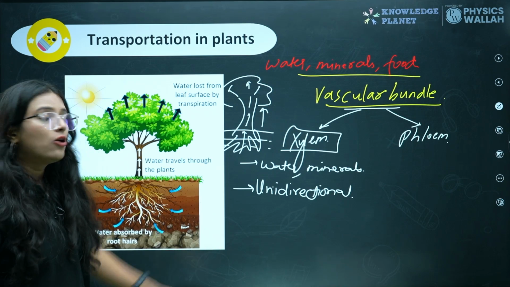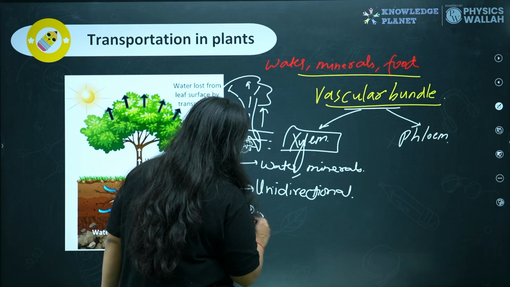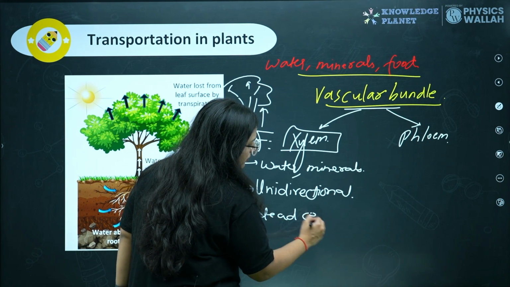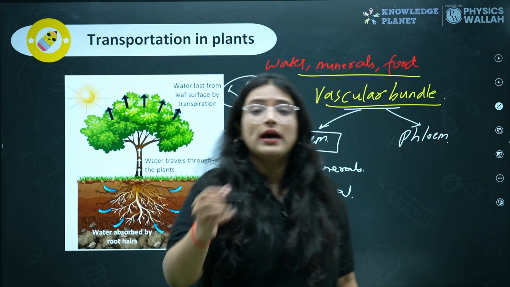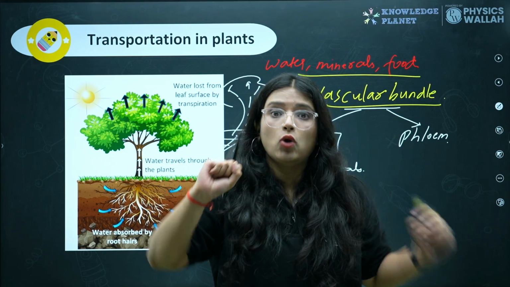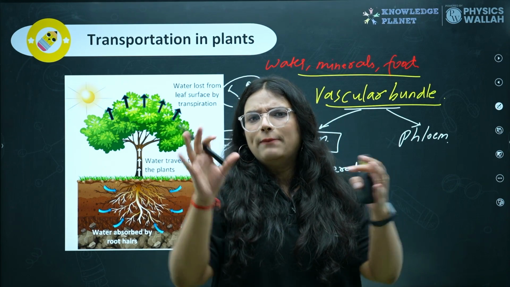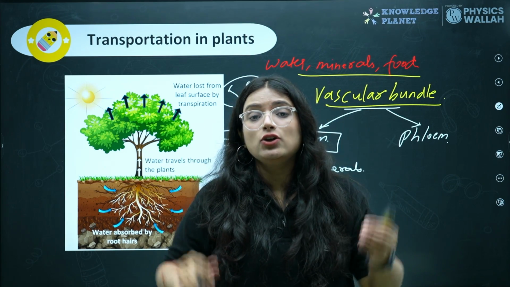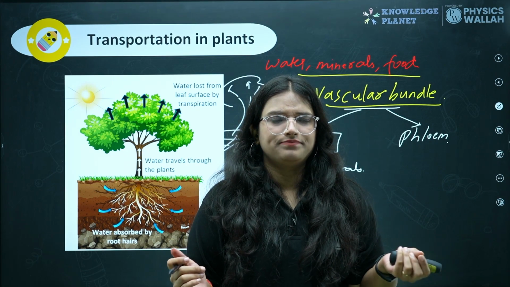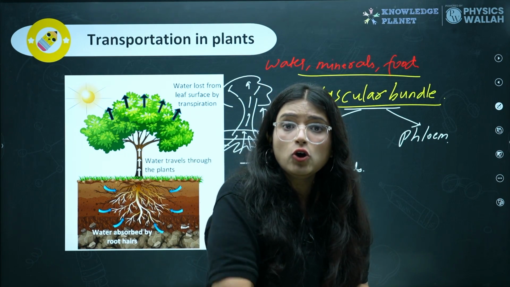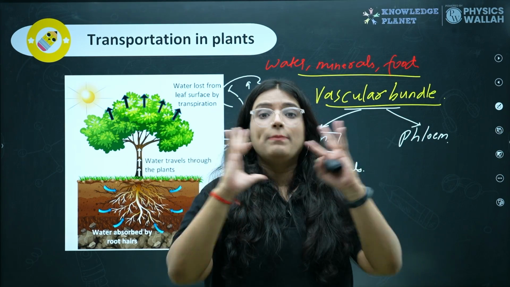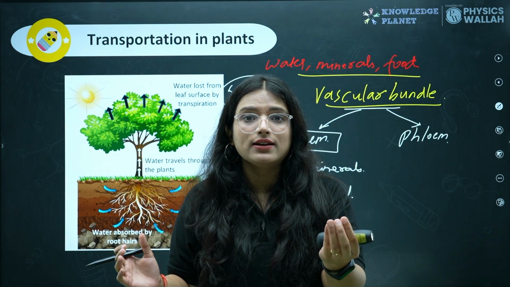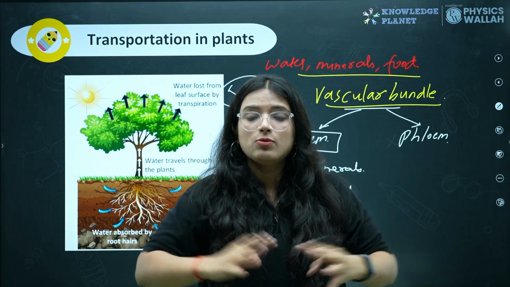Now, these xylem are dead cells. Suppose you have a plumbing system at home, so that you can open your tap and get water. What if the pipes you've installed are very weak? The water flows with very high pressure, so the pipes will not be able to withstand the pressure and they will burst open.